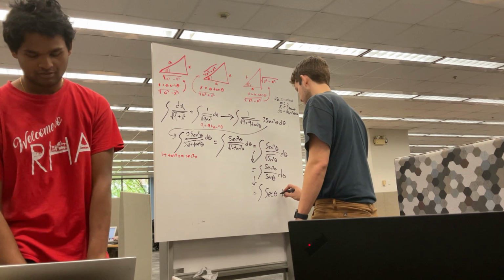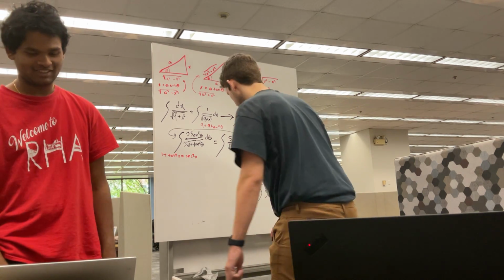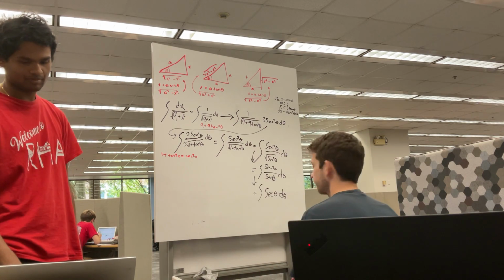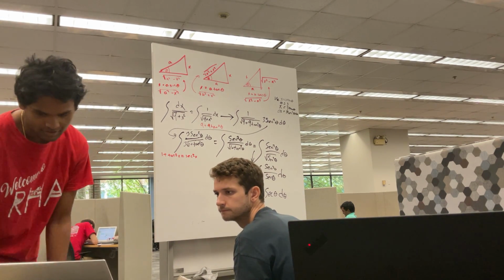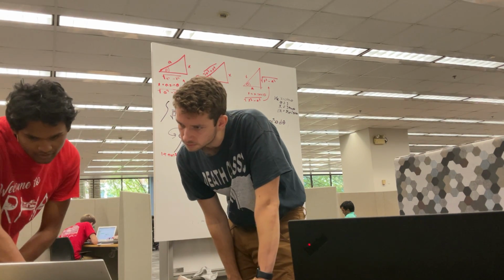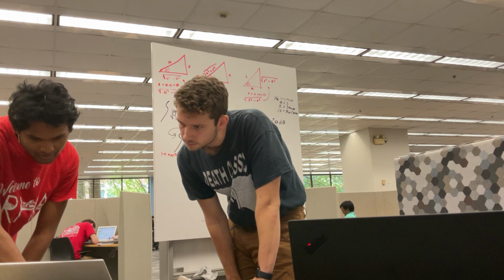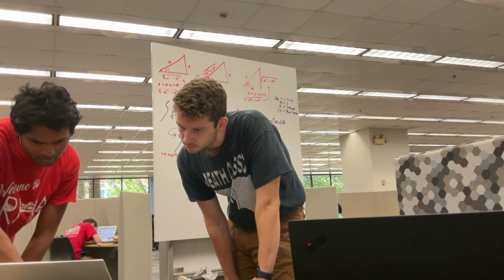Another annoying part is that we have to memorize the trig integrals. I have them pulled up here if you need them too. Secant x, no, secant x times... Oh, this one's so blurry.